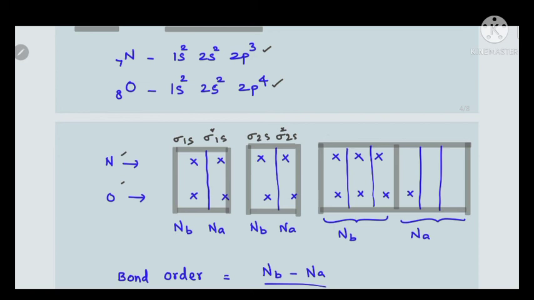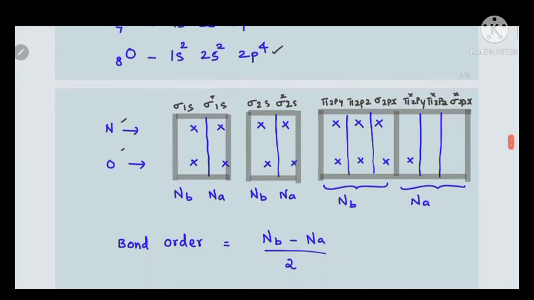Then this is pi 2py, pi 2pz, sigma 2px. Likewise pi star 2py, pi star 2pz, and the last one sigma star 2px. Nitrogen has 7 electrons and oxygen has 8 electrons, so they are filled in molecular orbitals this way.